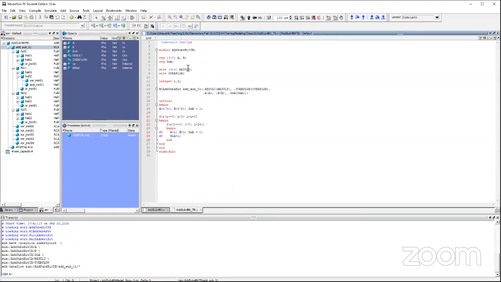Then I have this simple test bench where I instantiated that 4-bit adder subtractor and initialized all the values with zeros, and then in a loop. This is a 4-bit adder, so 2's complement signed gives a range from -8 to 7. That is the value range it can represent.